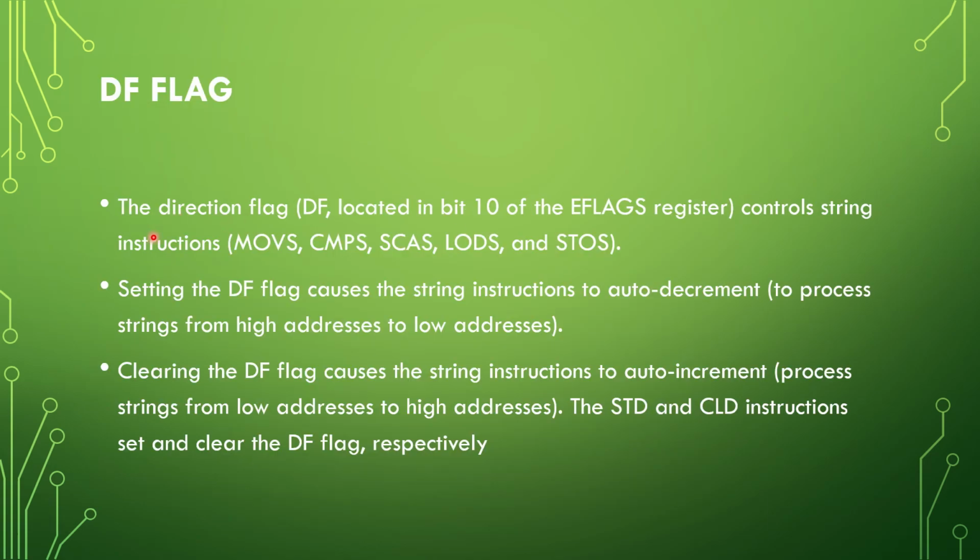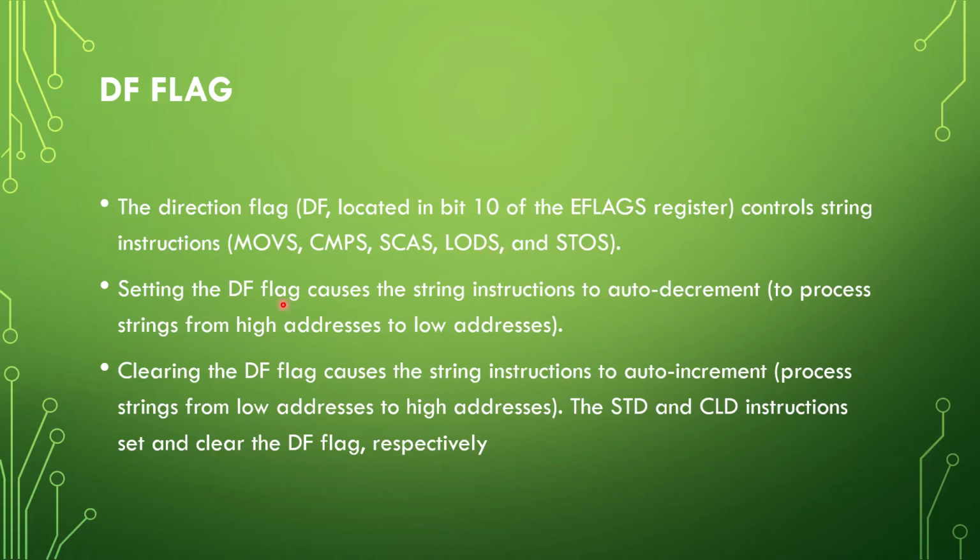Among the flags, there is the direction flag. That is the 10th bit of the extended flag register, and it controls the string instructions like MOVS, CMPS, SCAS, LODS, STOS.